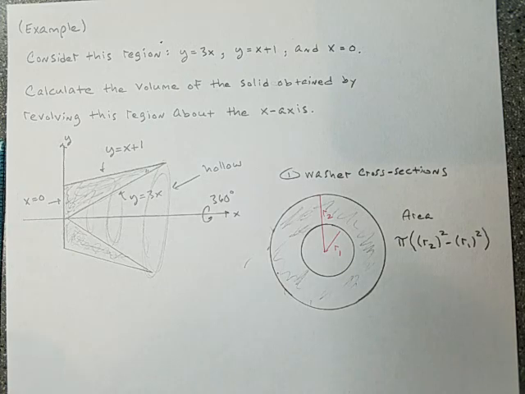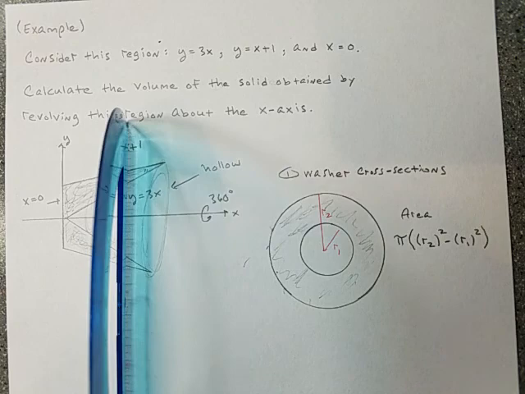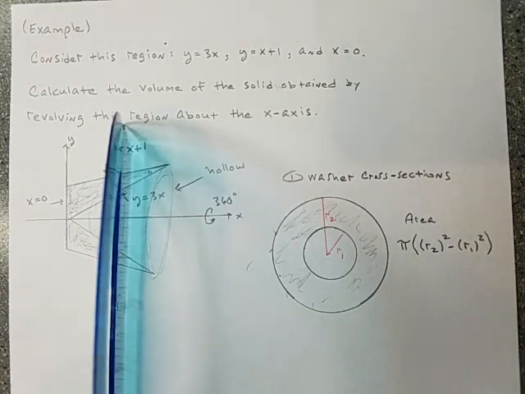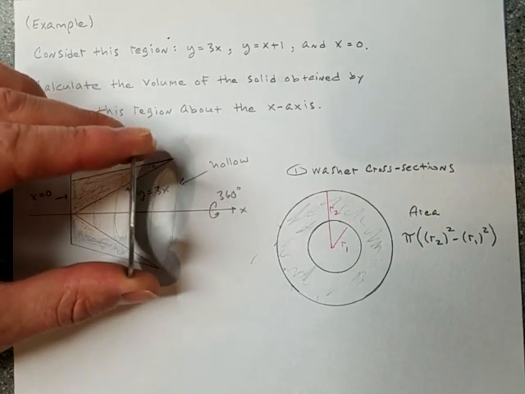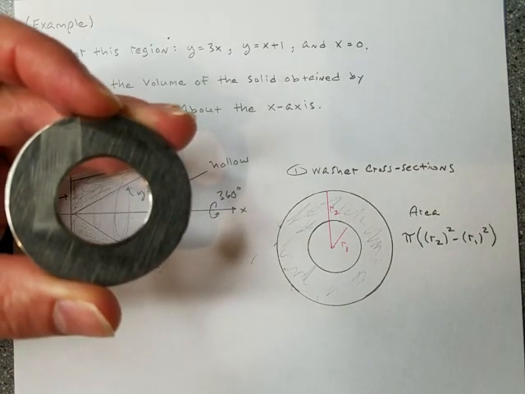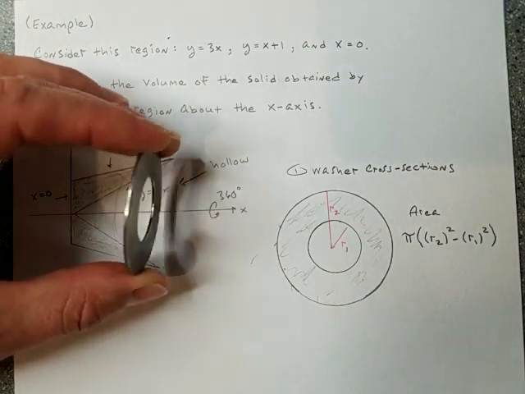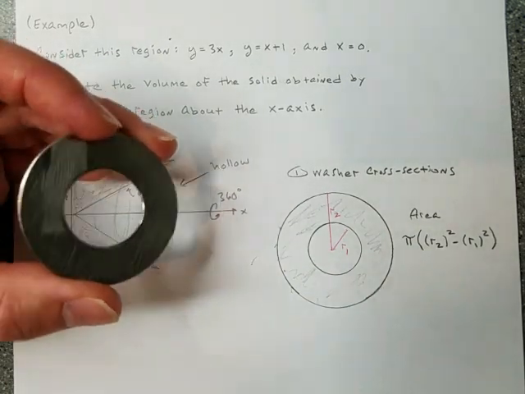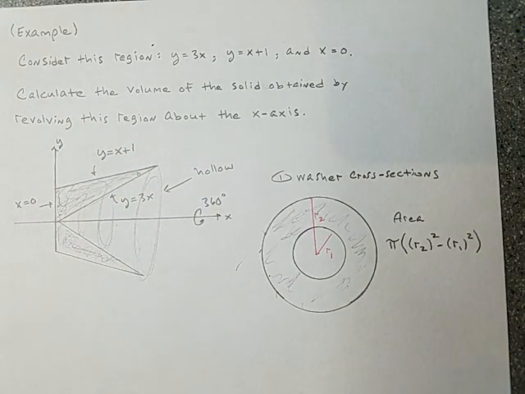So if you could cut this shape into slices, just chop, chop, chop all the way through, knife perpendicular to the x-axis, the slices are going to appear like this. Something like that all the way through. Different size, different aspects, but a washer all the way through. So they're going to be washer cross sections.